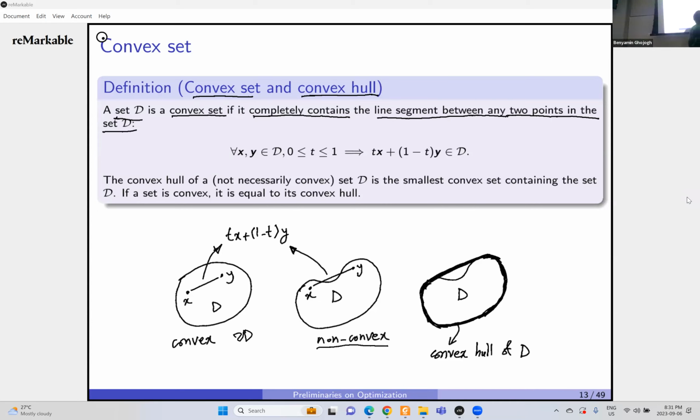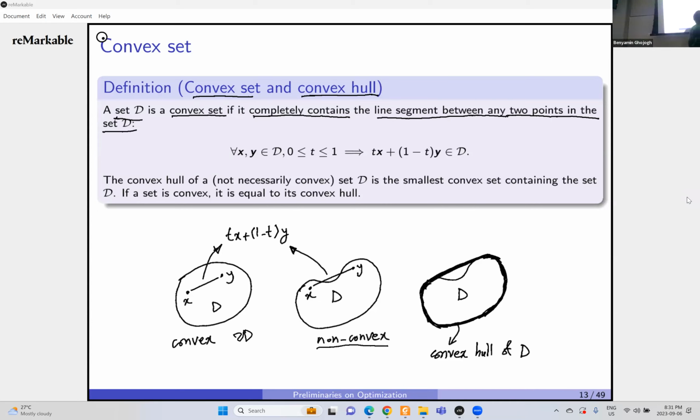You see that? And what is the equation of this line? It's tx plus (1 minus t) times y. You see that a lot in optimization. x is this point, y is this point, and by sweeping t between 0 and 1, you move from y to x, right?